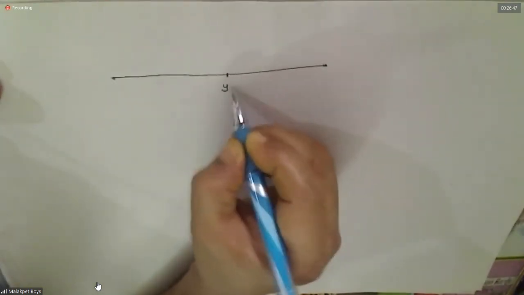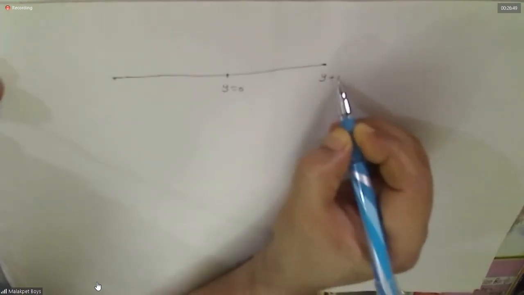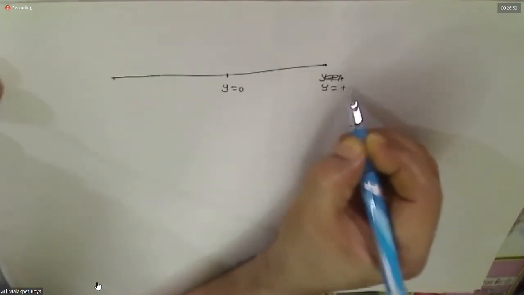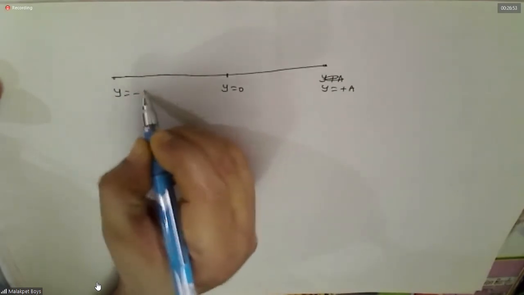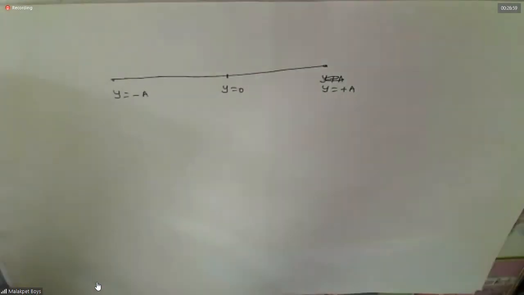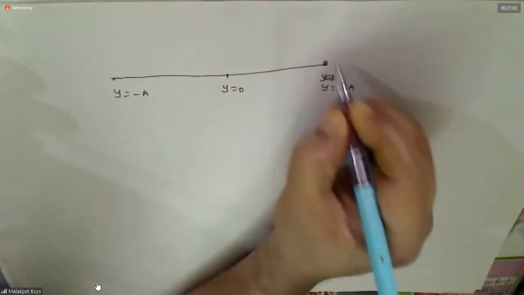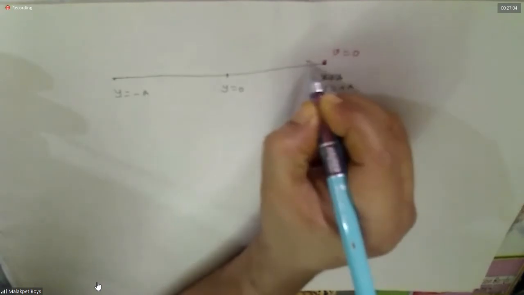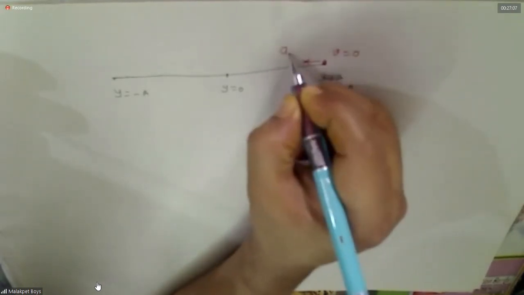Now there are two positions. This is the positive extreme, this is y equals 0, and this is y equals minus A. Remember the particle here: velocity is 0, but there is an acceleration.